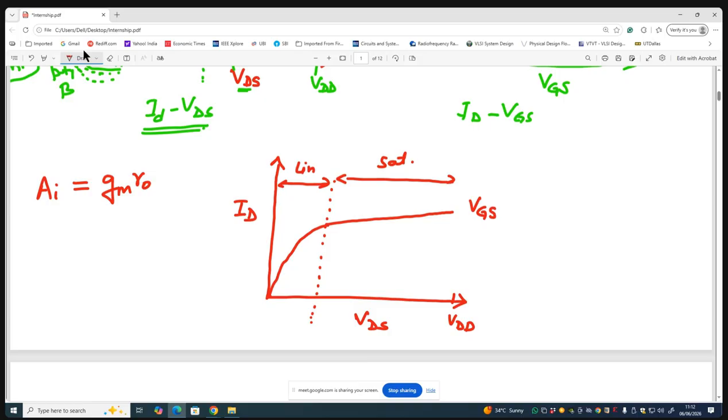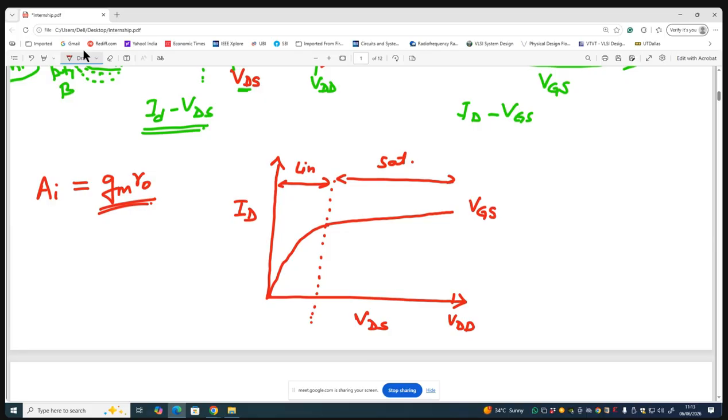So when you are designing an amplifier, the gmro of a transistor gives you an idea of what order of gain you will be able to achieve. Suppose you have different technology nodes.